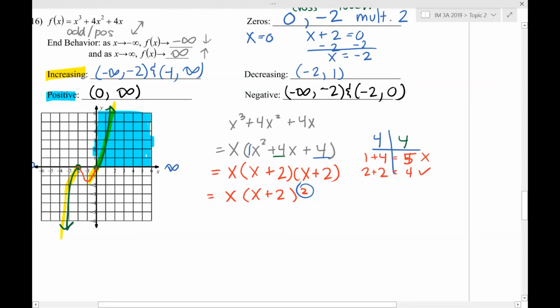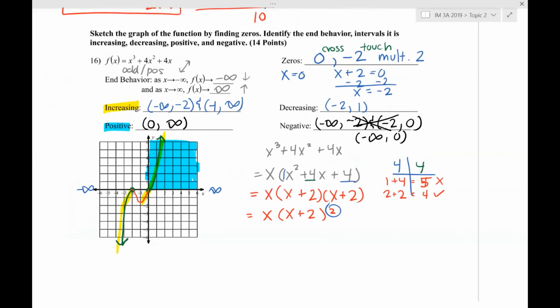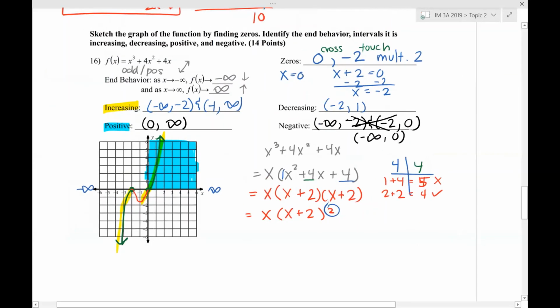However, if you were to not write this piece, if you were to write negative infinity to 0 on the test, I wouldn't mark you wrong. Actually, it'll give you those intervals, so you're filling it in with the words. It'll give you the interval on the test, and then you have to say that it's increasing, decreasing, positive, or negative for each of them. Keep in mind that there's a lot going on in this problem, which is why it's worth 14 points.